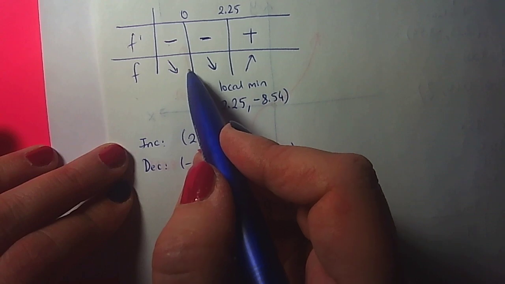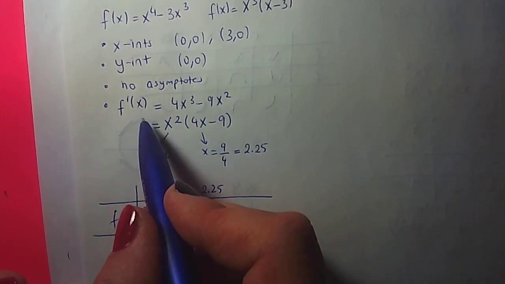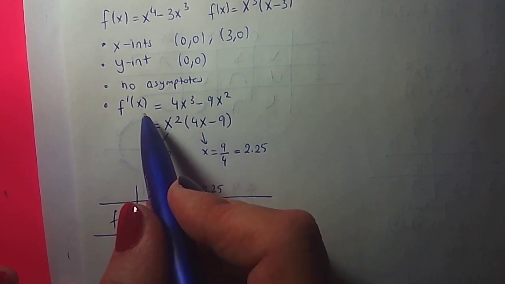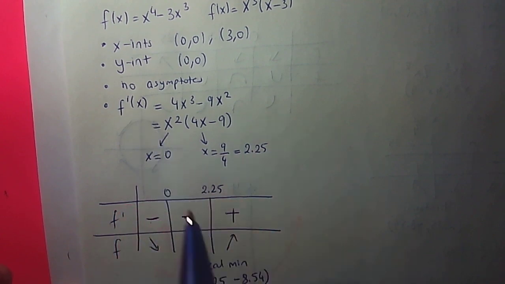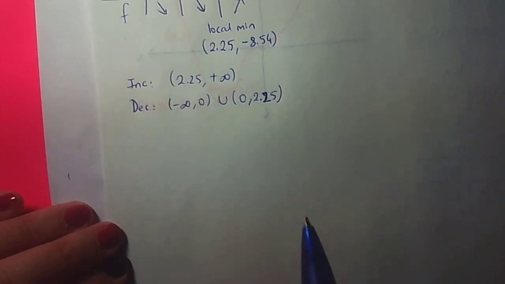You may be wondering why we are not excluding 0. As you see, if we substitute 0 in the first derivative function, we get 0. So the first derivative is not negative. Therefore, the original function is not decreasing at 0, but we just have a horizontal tangent at x equals 0.